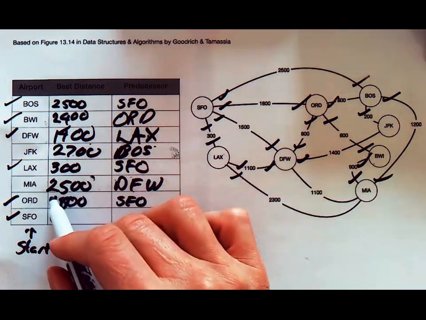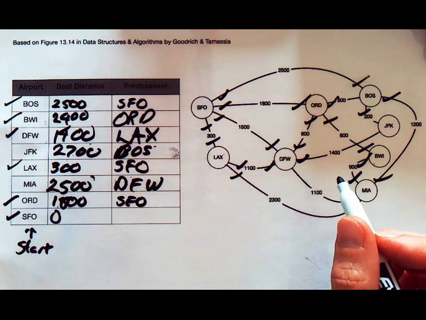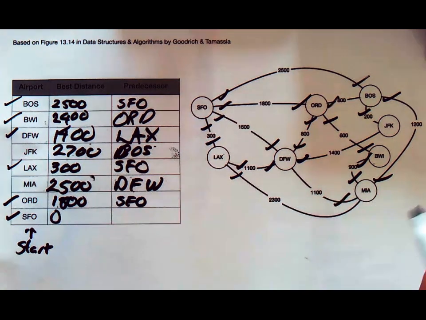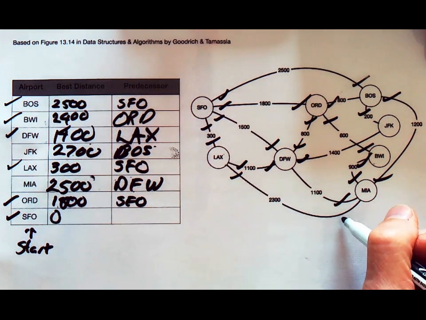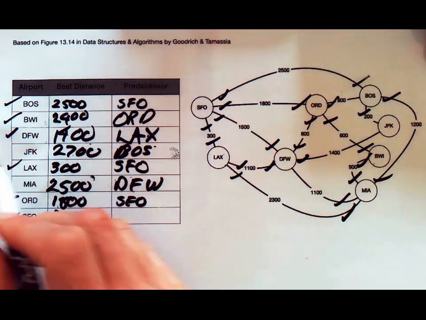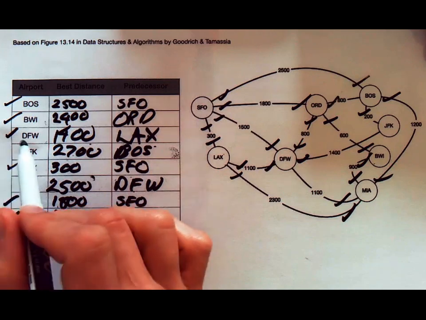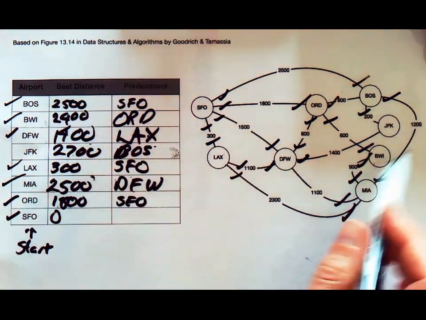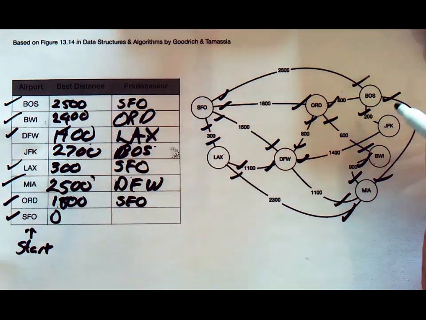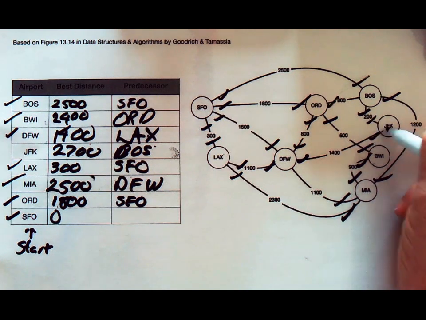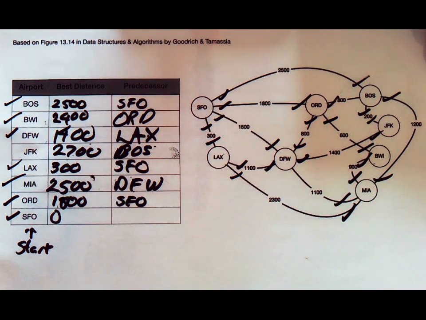That's also 3,600, no better than 1,400. And then another 2,300 to get back to LA. That's also no good. So at this point, we're done with Miami, and we can go and process JFK, and we'll basically find that we've already identified our best possible paths.